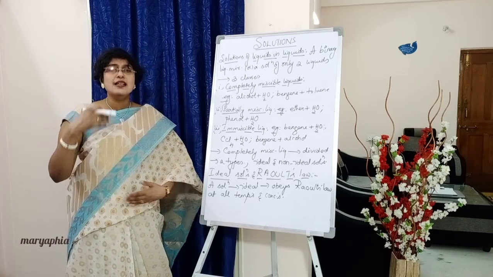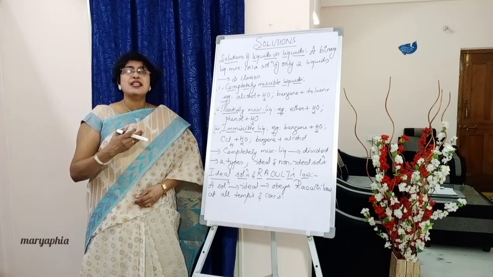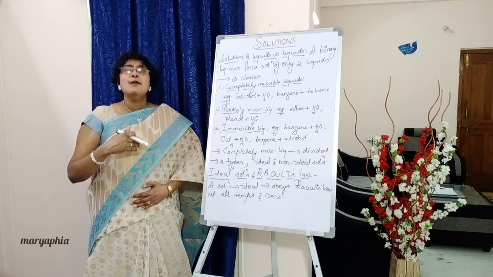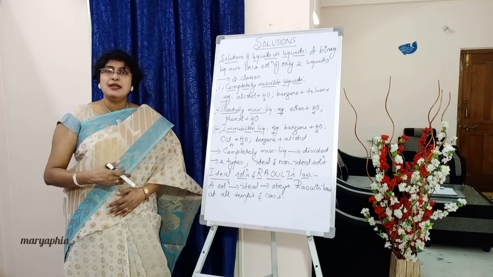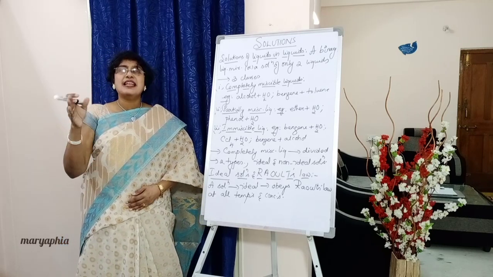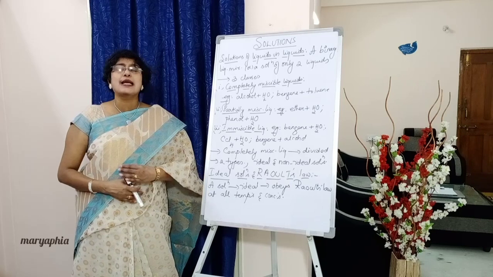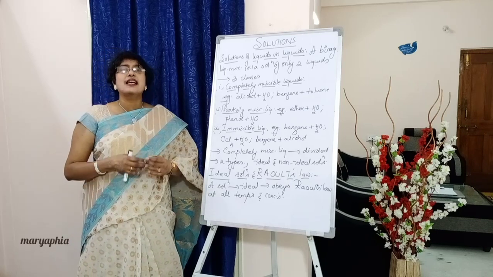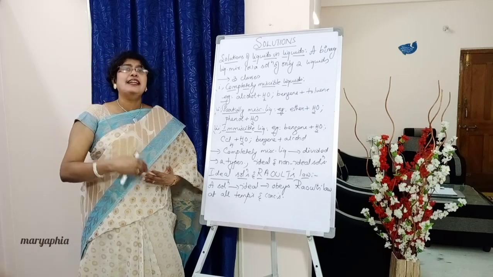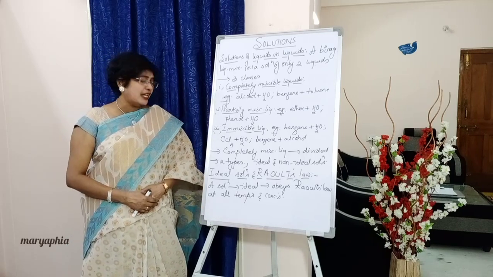You understood now? First, binary liquid mixtures are classified into three types: completely miscible, partially miscible and immiscible. Now, taking these completely miscible liquids, they are again classified into two types: ideal solutions and non-ideal solutions. Now we will learn ideal and non-ideal separately.